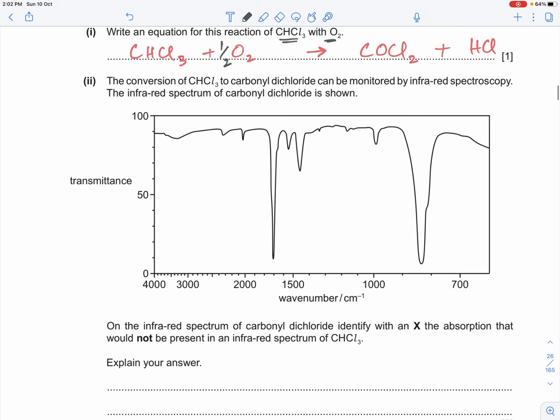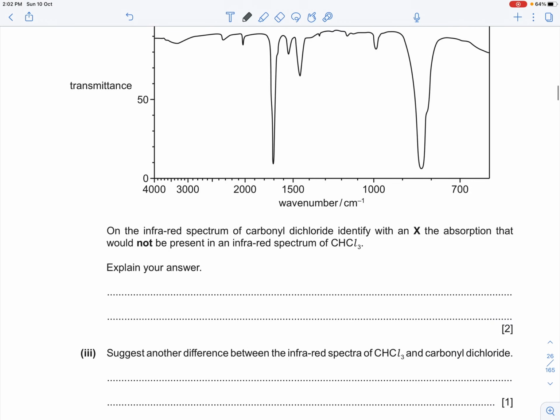Now the next part: the conversion of trichloromethane to carbonyl dichloride can be monitored by infrared spectroscopy. The infrared spectrum of carbonyl dichloride is shown. On the infrared spectrum of carbonyl dichloride, identify with an X the absorption that would not be present in the infrared spectrum of CHCl3.